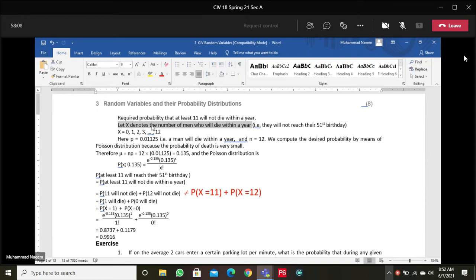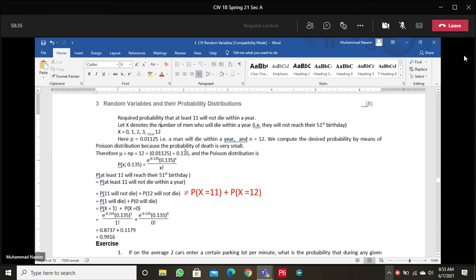Remember these things. Whether this is given or not, you have to manage, you have to calculate. So P must be the probability of a man who will die. N is 12. Now come to your requirement.